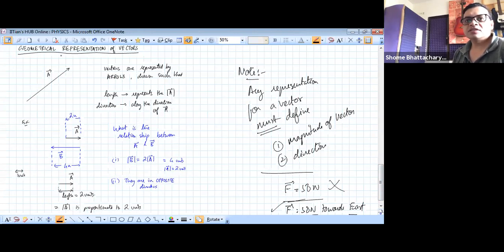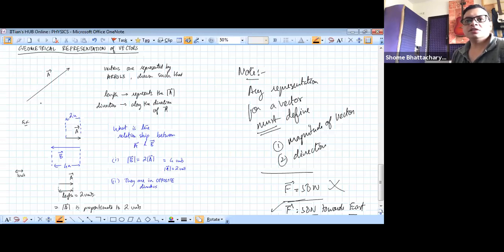Okay. So that method, where instead of specifying direction by words, we just represent the direction by drawing an arrow, we make use of geometry. That representation is called the geometrical representation of vectors. And in such a representation, how do we define or represent a vector? By drawing a specific arrow.